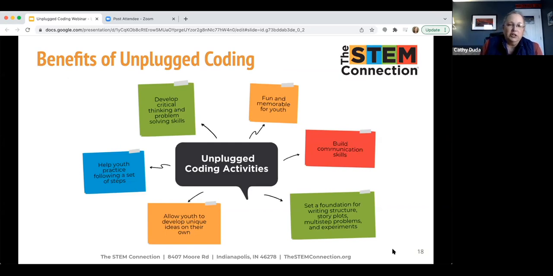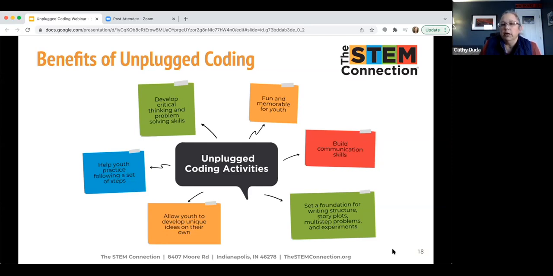So Angela just put up the benefits of unplugged coding. This is really good, not only for the students, but also the adults that are working with the kids, because they may not be familiar with coding or computers, or have a comfort working with computers and debugging, or know how to help a kid debug their code and fix their mistakes.